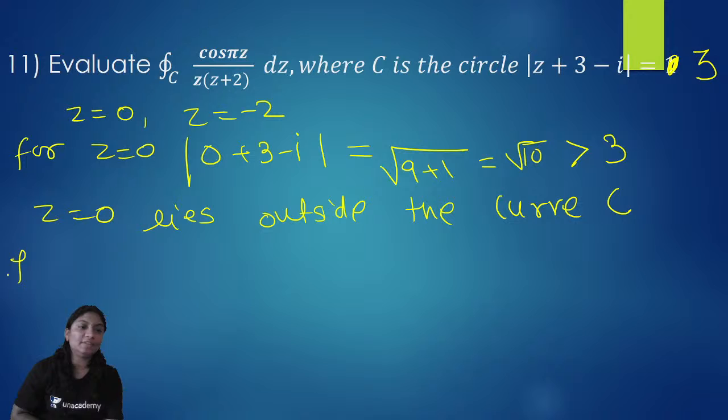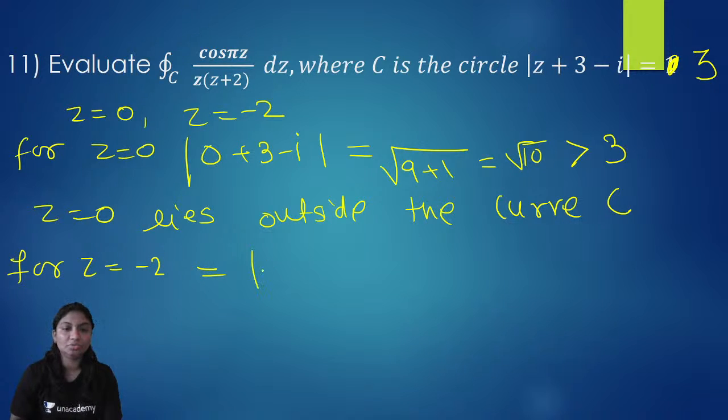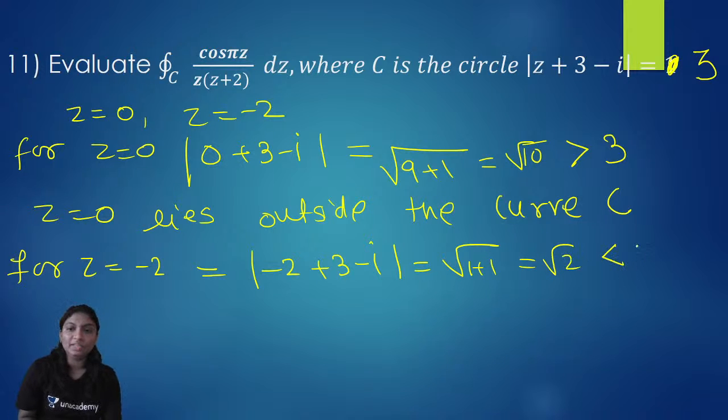For z is equal to minus 2, check: minus 2 plus 3 minus i is equal to square root of 1 squared plus 1, that is root 2. Root 2 is less than 3.